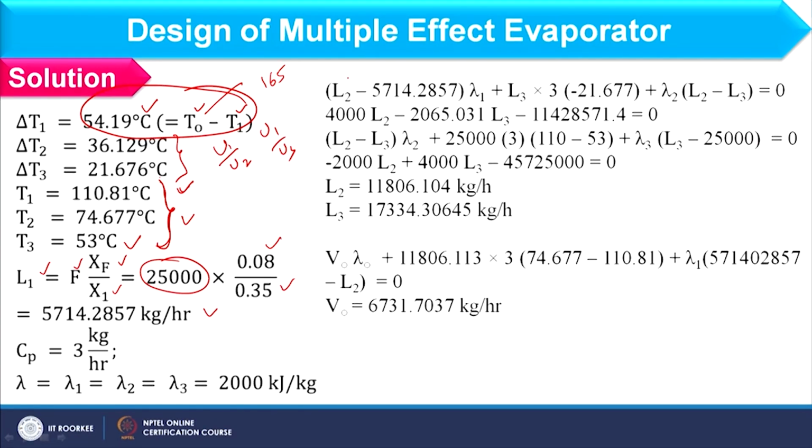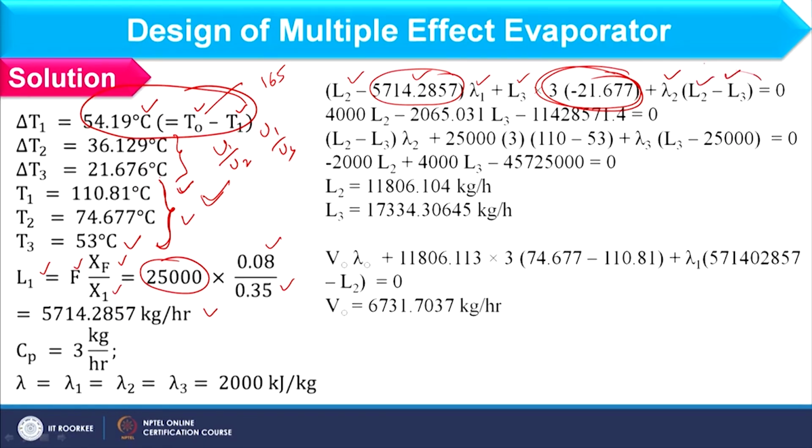Here I am having L2 minus L1. The L1 value I know now, the lambda 1 value I already know, L3 is unknown to me, and so you can consider the temperature difference, which you have already calculated previously. Similarly, lambda 2 is known to me and L2 and L3 are unknown to me.